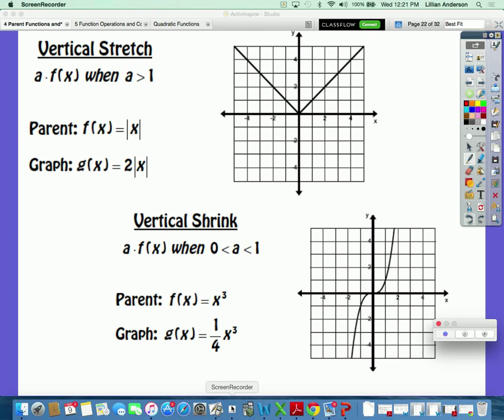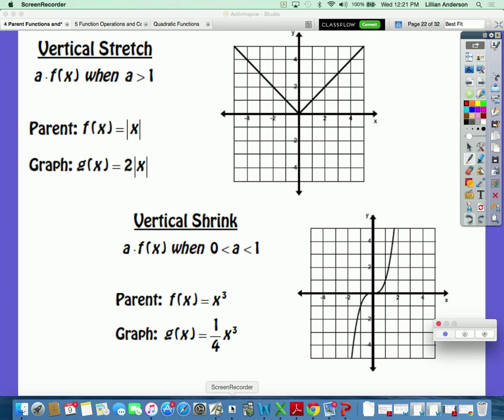Try to imagine me pressing it down. I'm shrinking. Okay? That's what's going to happen to these graphs. You'll know the difference between a vertical stretch and shrink over a horizontal is where the number is located. If it's on the outside of the function, it's a vertical, and when it's on the inside, it's horizontal. You'll see horizontal in just a second. If this number is greater than 1, I'm stretching it.